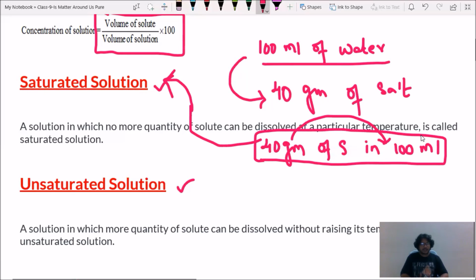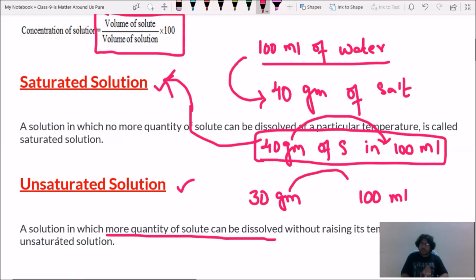Now, what is unsaturated? You see the definition: a solution in which more quantity of solute can be dissolved. More quantity can be dissolved in the sense what? So, we are taking 100 ml of water again. Now, instead of 40, we are taking 30 grams of salt. Now 30 grams of salt is added to 100 ml of water.